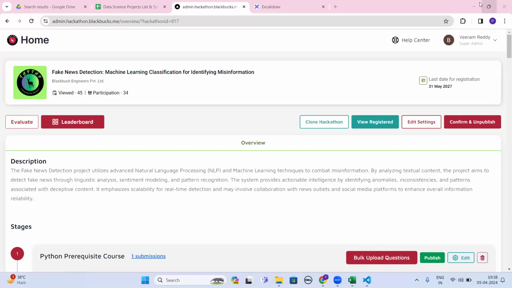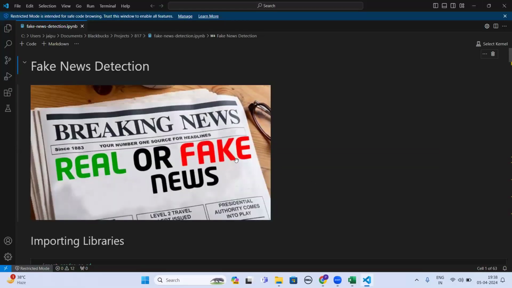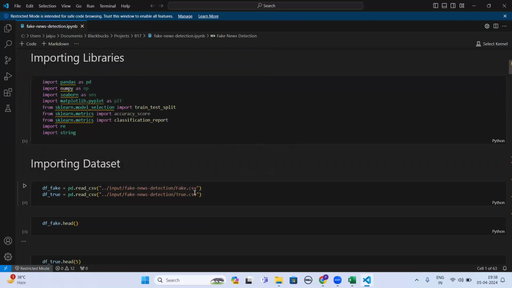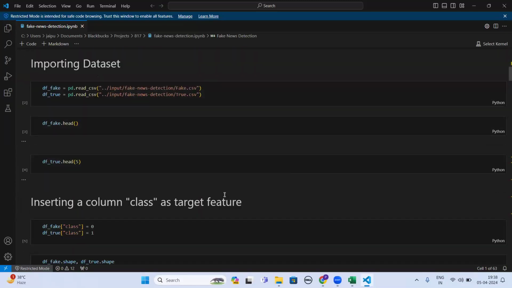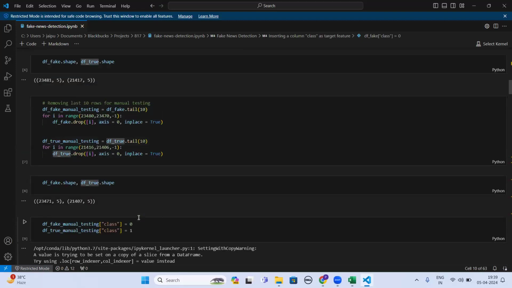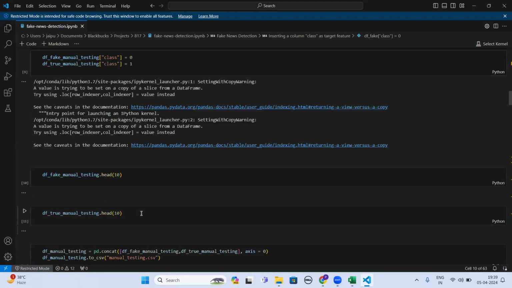And after this is done, there is this fake news detection problem statement. You are importing the fake data set and true data set. And again, I think Naive Bayes classifier. So you create a column called class. You assign 0 to the fake one, 1 to the true one. And then you are basically creating that algorithm.